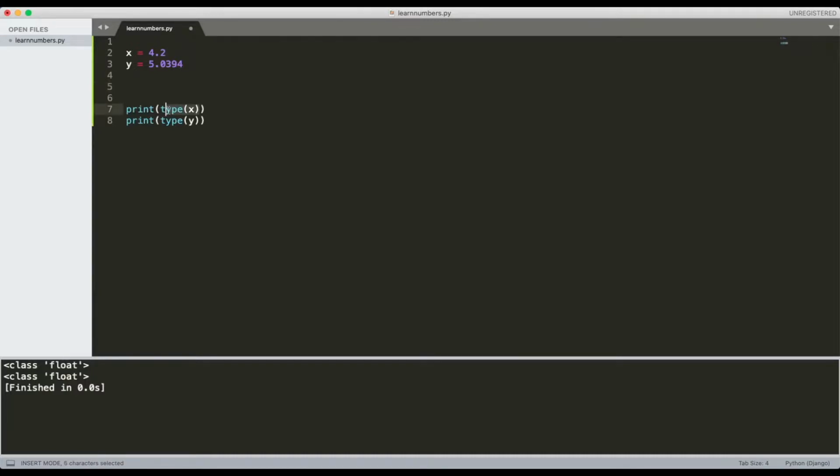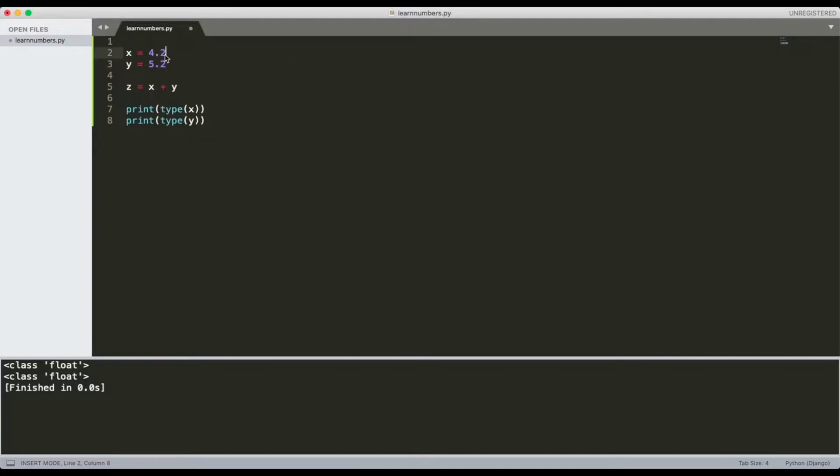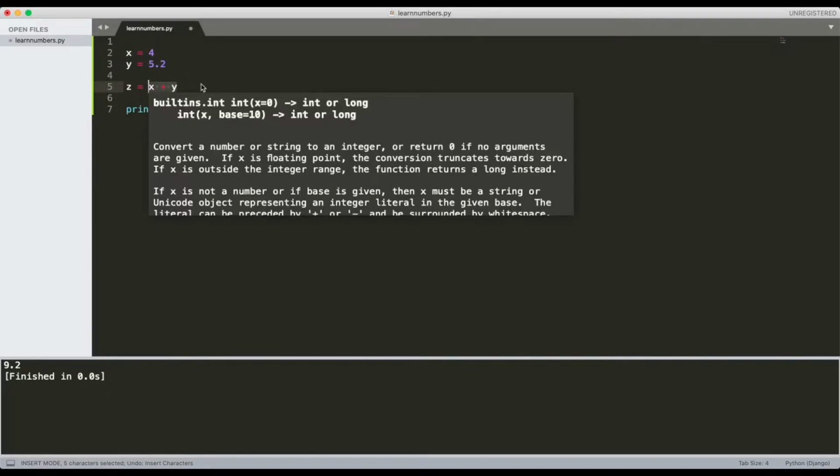If I wanted to see x plus y, let's just say this was 5.2 and that's 4. So if we printed z here, this is 9.2. So this is how you add two numbers. I can also do them just with the numbers instead of the variables themselves.